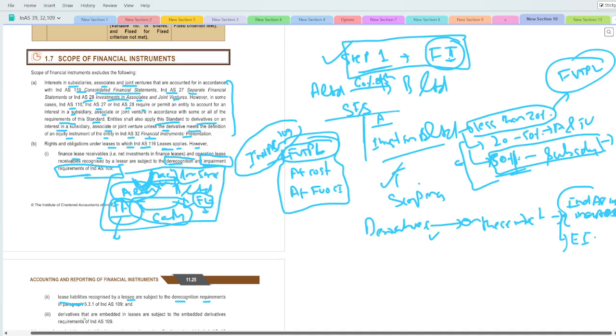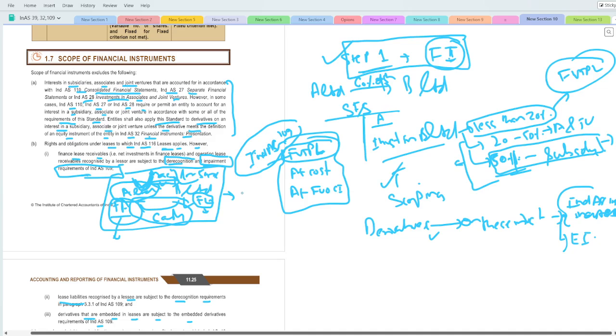Derivatives that are embedded in the lease are subject to the embedded derivatives requirement of Ind AS 109. Embedded derivative means, suppose in this contract there is an option that every year this cash amount will be increased, depending on the Sensex or Nifty's performance.